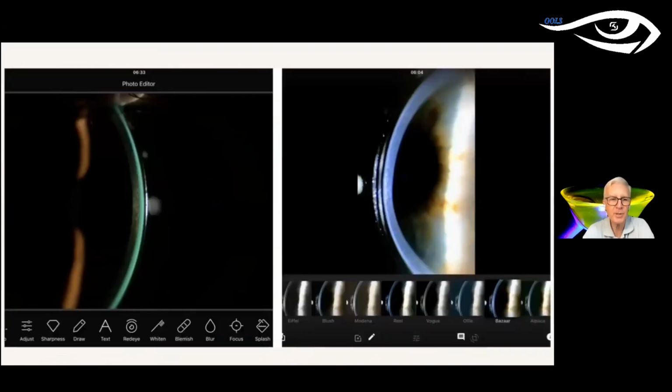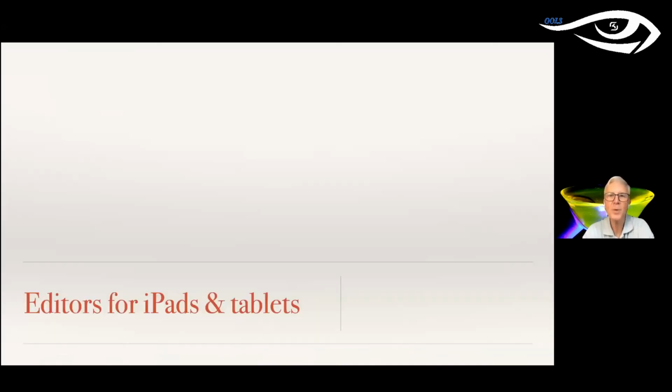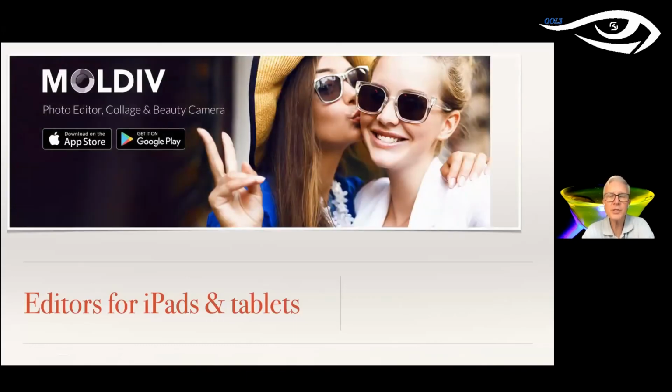And so these are some of the processing options you can use. You can see on the bottom of the screen, you can do different things to enhance the picture, but don't mess with it too much, or it'll really look unnatural. So this is one little program I use. It's free. You can see that it's approved for Apple and Google.